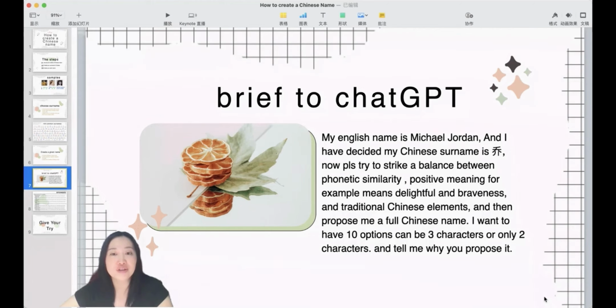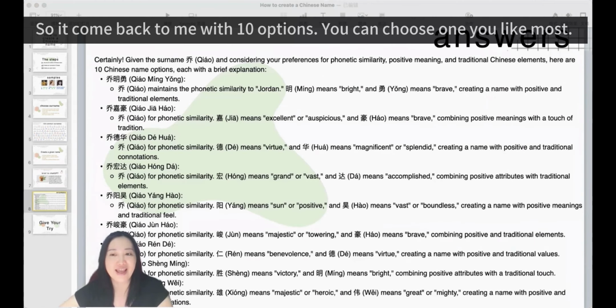Now, please try to strike a balance between the phonetic similarities, positive meanings, for example, delightfulness and bravery, and traditional Chinese elements, and then propose me a full Chinese name. I want to have 10 options, which can be 3 characters or only 2 characters. And please tell me why you propose it. So it comes back to me with 10 options. You can choose the ones you like most.